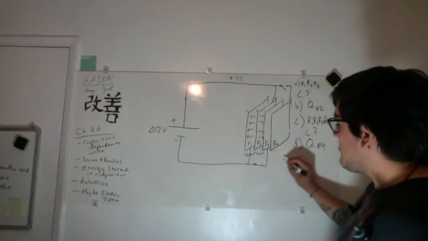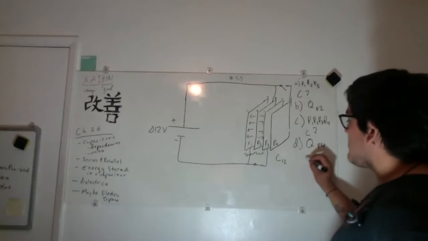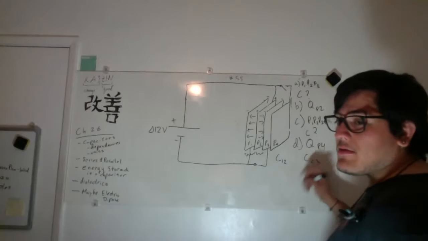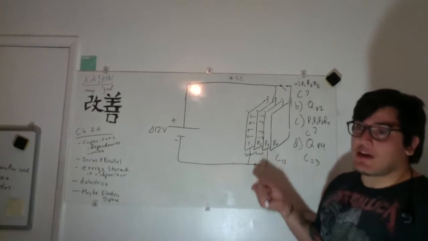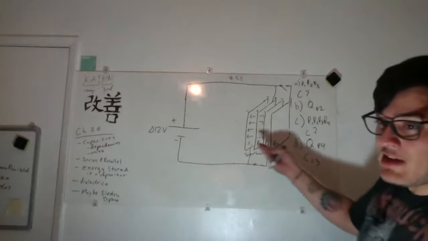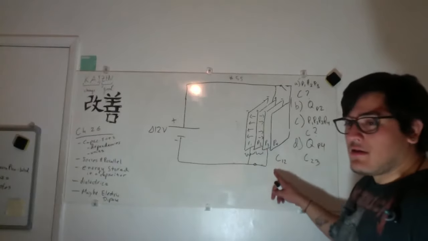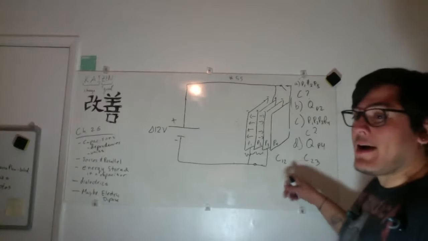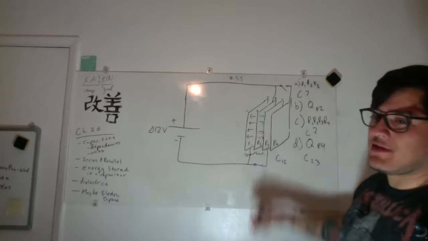One of them will be C12 and the other one will be C23, because a pair of them makes a capacitor. There's one here and there's one here. So the capacitance of the whole thing is these two, but how are they connected? Parallel or series?